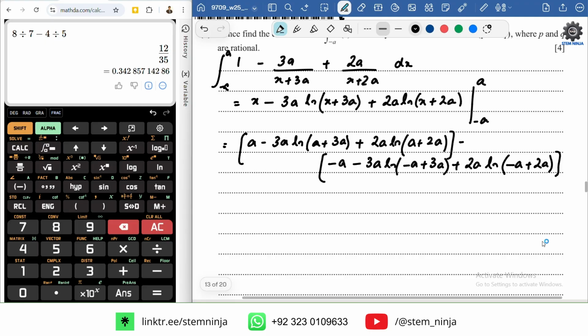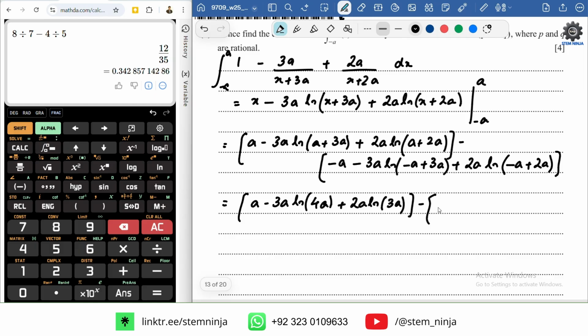Okay, so this is something longer to remember. First, let's simplify this. You have a minus 3a ln 4a plus 2a ln 3a minus a minus 3a ln 2a plus 2a ln of a, right?